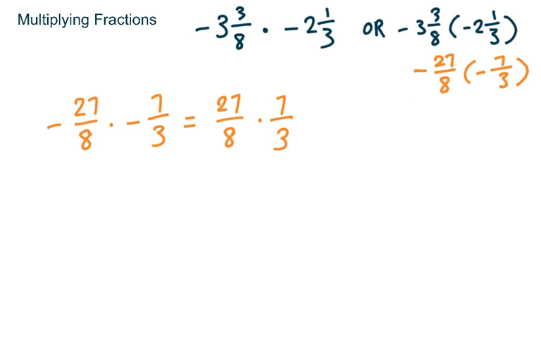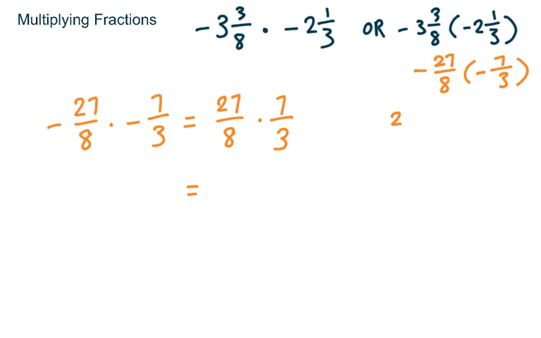So I'm just going to write this as the expression on the right side like this, and I continue. So 27 over 8 times 7 over 3. It looks like we can reduce parts of this expression. I'm going to show you the work on the side again.